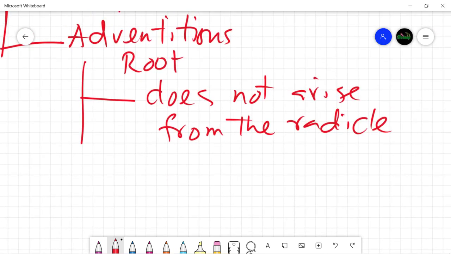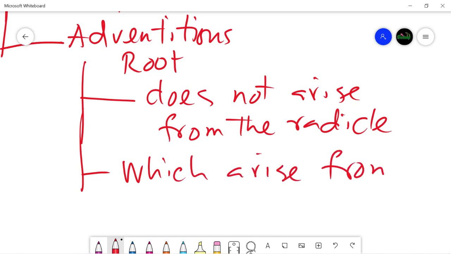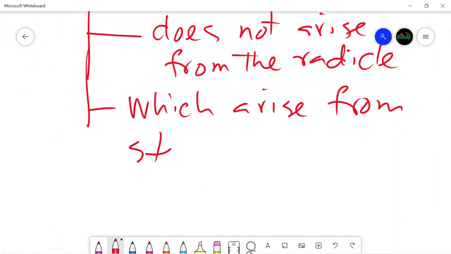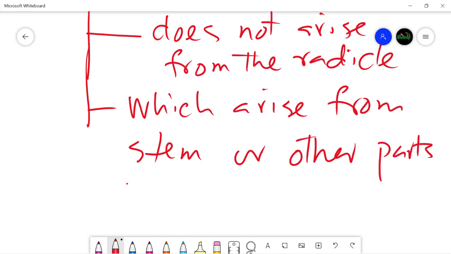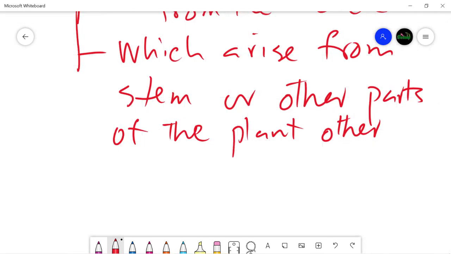The second definition: adventitious roots are those roots which arise from stem or other parts of the plant other than radicle. So radicle is not involved in the formation of adventitious roots.